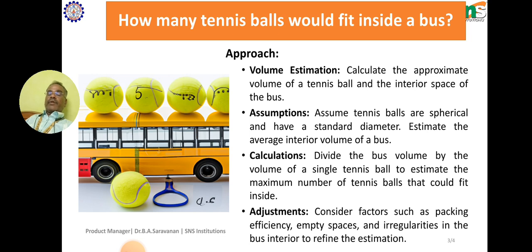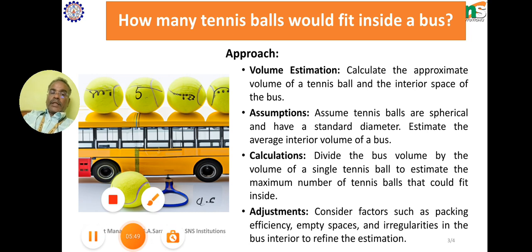How are we going to pack this, and what are the empty spaces without load that should be considered, and also irregularities in the bus interior. There are some spaces where we can't put the balls, so those irregularities should be considered, because we have to omit those spaces for filling this product.